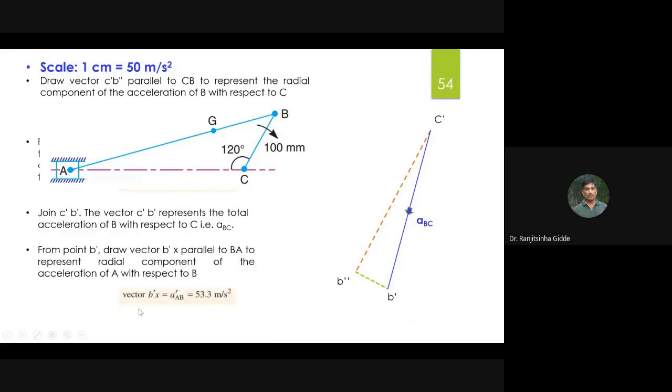The value for this is 53.3 meter per second square.